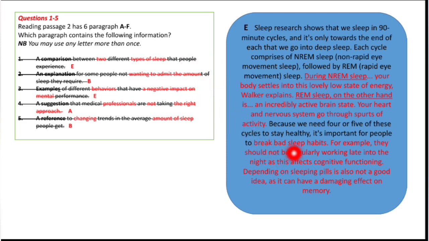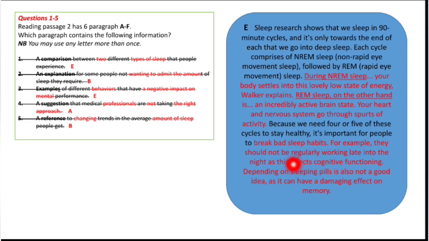So, it's important for people to break bad sleep habits. So they're talking about bad sleep habits. For example, they shouldn't be regularly working late into the night. So this is the first bad habit, right? As this affects cognitive functioning.